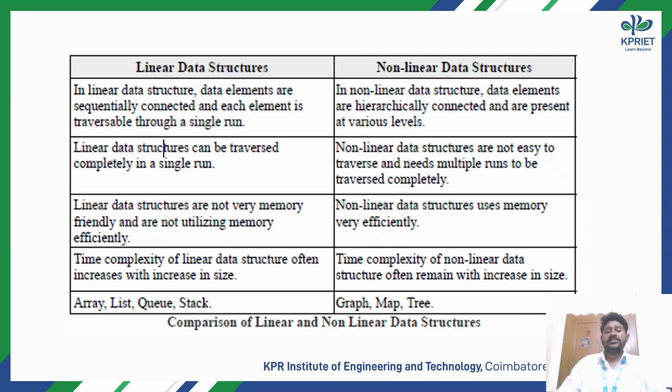Linear data structures can be traversed completely in a single run, for example with a while loop or for loop; within a single run the elements will be displayed or traversed. Non-linear data structures are not easy to traverse and need multiple runs to be traversed completely. For example, in the previous example the array had 5 elements, and in the graph the 5 elements were interconnected.